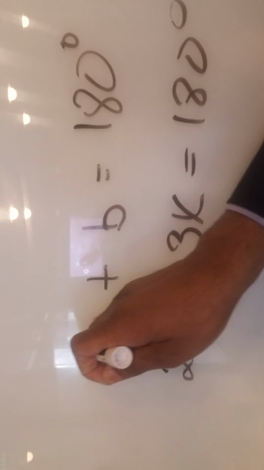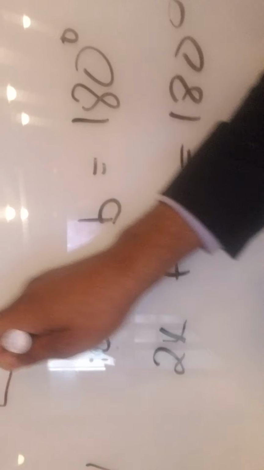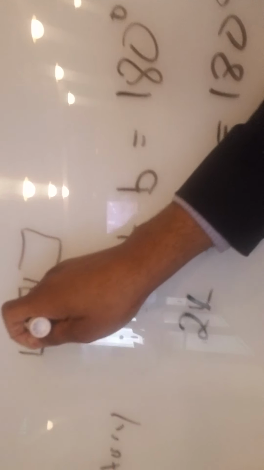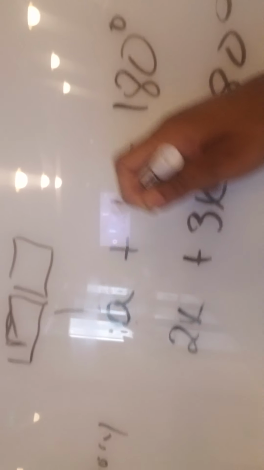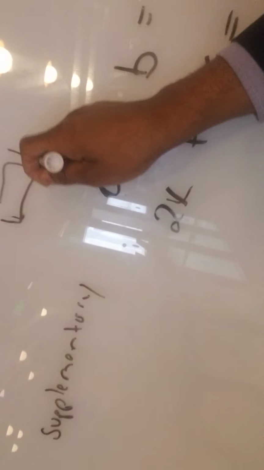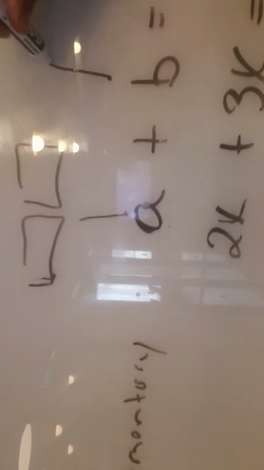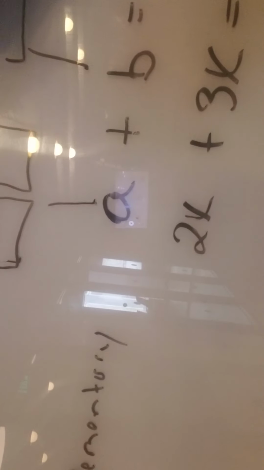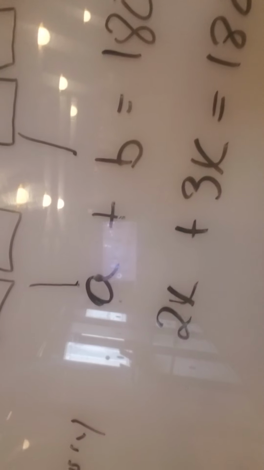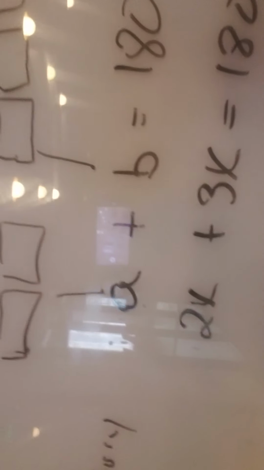That means every time you see two A's, you're going to see three B's.